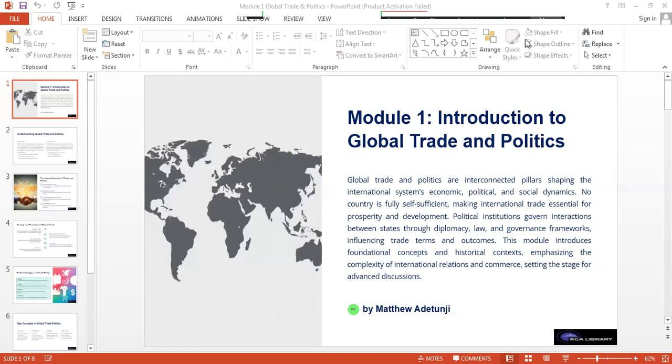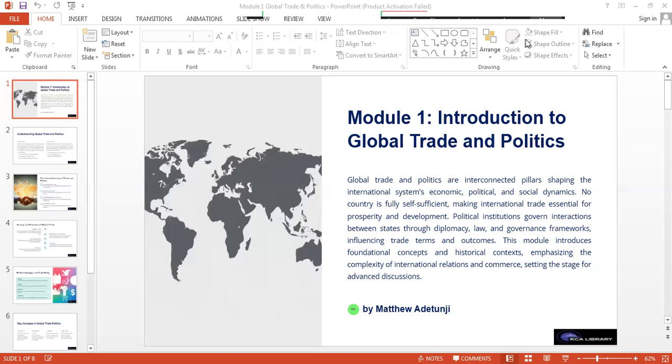Today, in the first module, we'll be talking about the introduction to global trade and politics. We'll be introducing ourselves to what it is when we talk about global trade and politics and some other concepts that it entails. Global trade and politics are interconnected pillars shaping the international system and its economic, political, and social dynamics.